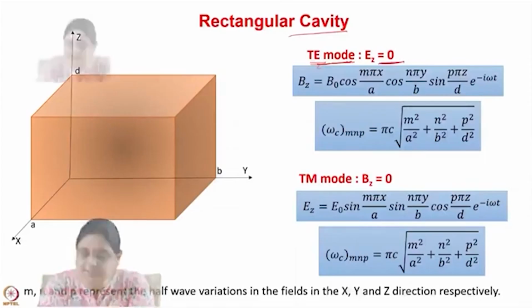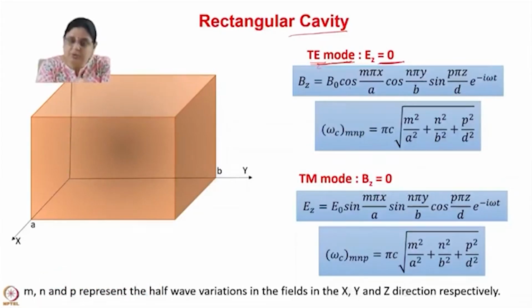So Bz will exist, and now if you solve the wave equation in XYZ and apply the boundary conditions that the normal component of magnetic field is 0 and the tangential component of electric field is 0, you will get a standing wave in all three directions.